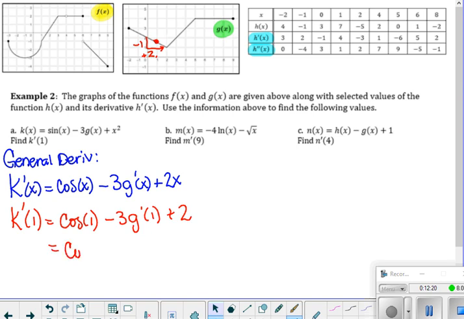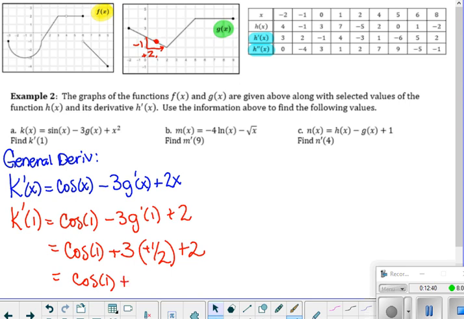So I'm just going to leave cosine of 1 because I do not have that value memorized. And I would have 3 times negative 1/2 plus a 2, which would be cosine 1 plus 3/2 plus 2.